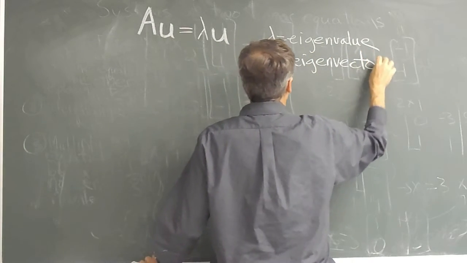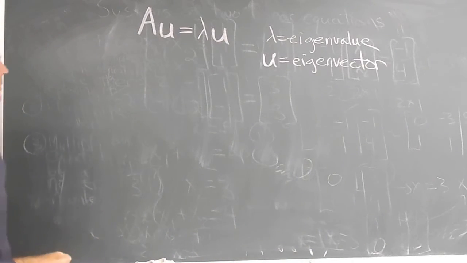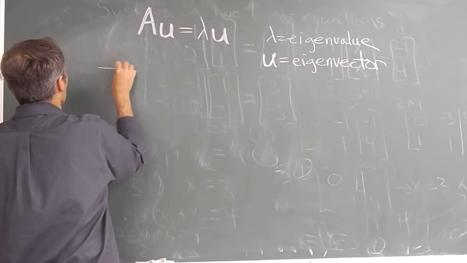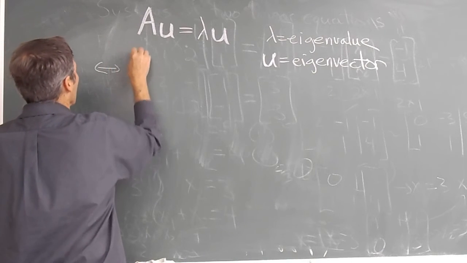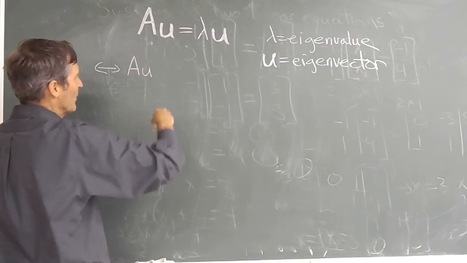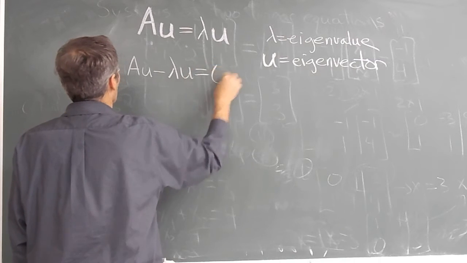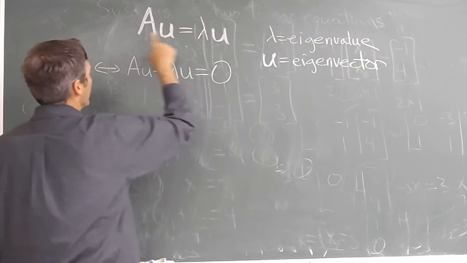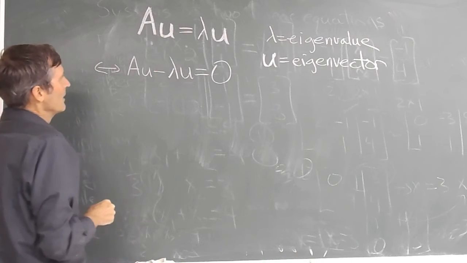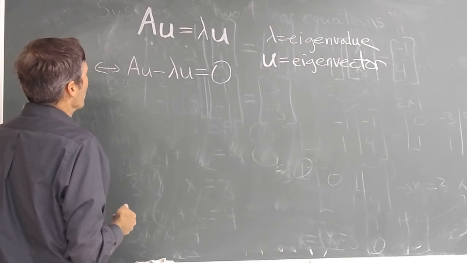Let's see if we can find the eigenvectors of an equation. Those are tricky. What this really says equivalently is that A u, if I can drop the boldface now just because it's too hard to keep writing it, minus lambda u equals 0. There's an equivalent equation. We just have to remember that u and A are vector and matrix, where lambda is a number, a scalar, we call it.